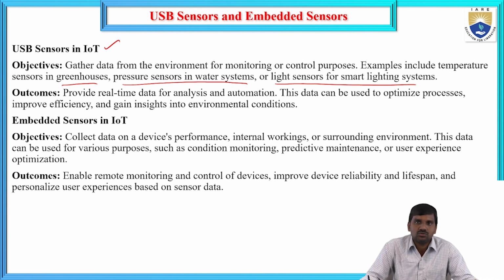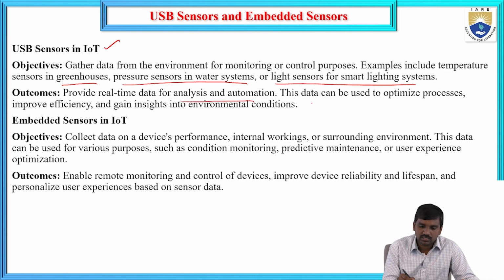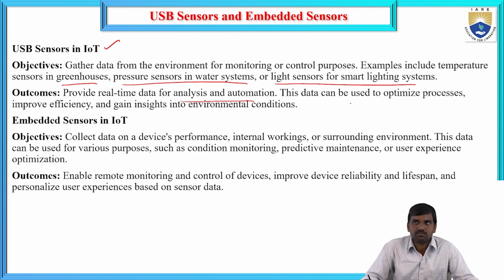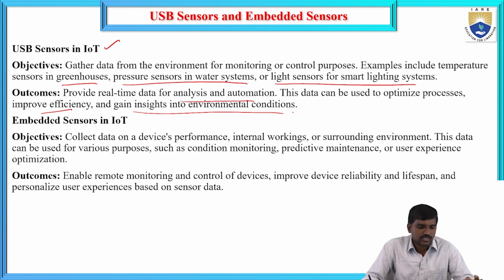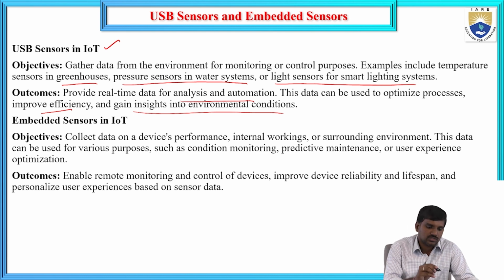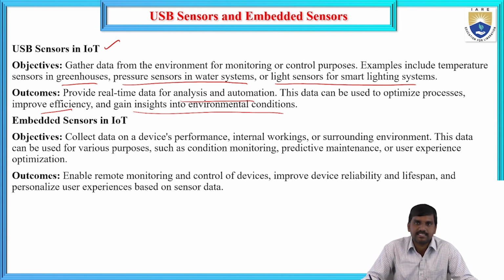These are the objectives. And outcomes: provide real-time data for analysis and automation. This data can be used to optimize processes, improve efficiency, and gain insights into environmental conditions. So this is the first one, USB sensors in IoT.